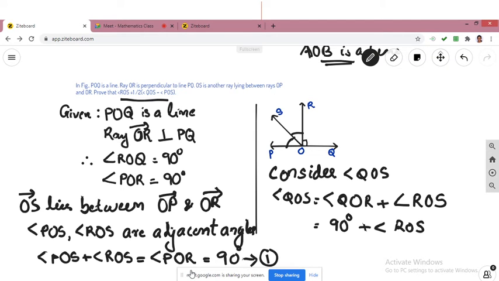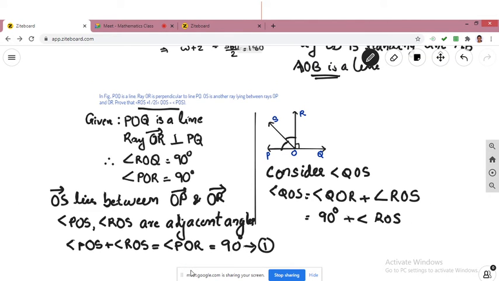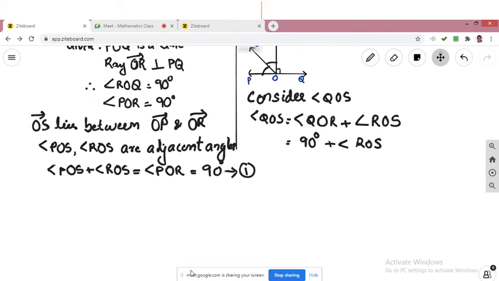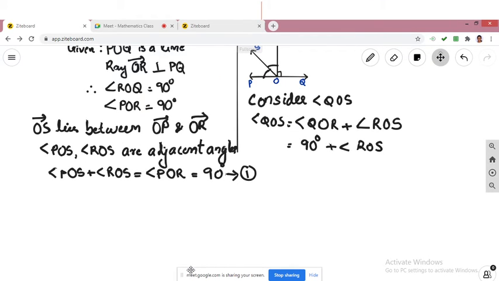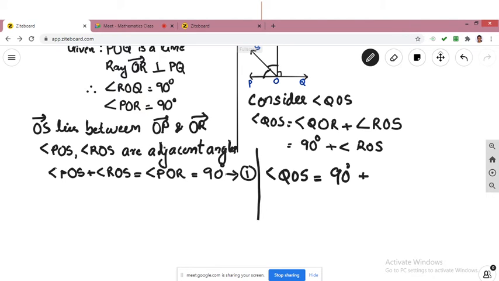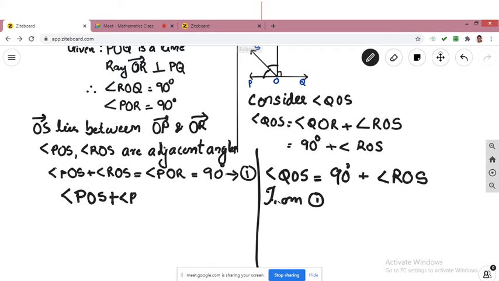I'll continue here. Angle QOS is equal to 90 degrees plus angle ROS. Now from equation 1, can I substitute here? We got that angle POS plus angle ROS is equal to 90 degrees.